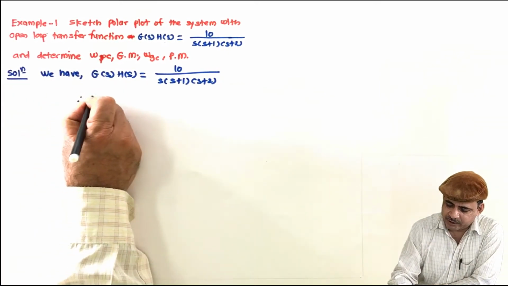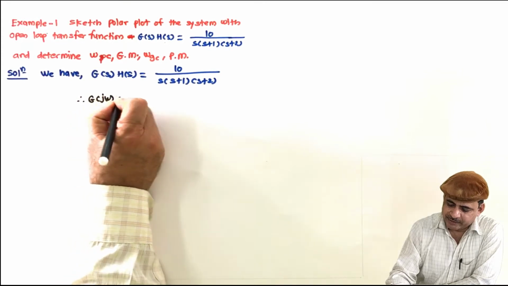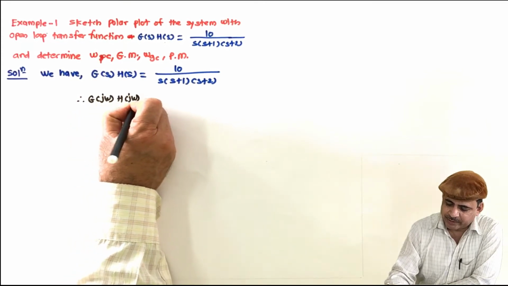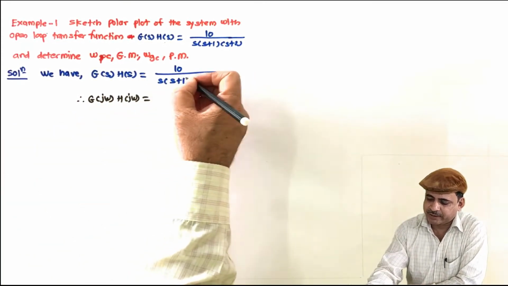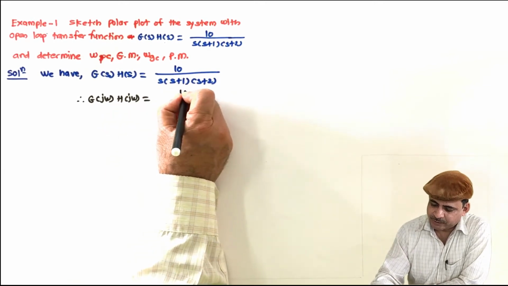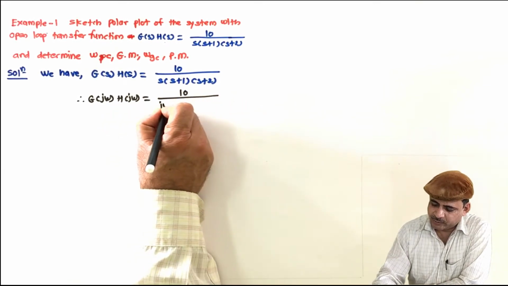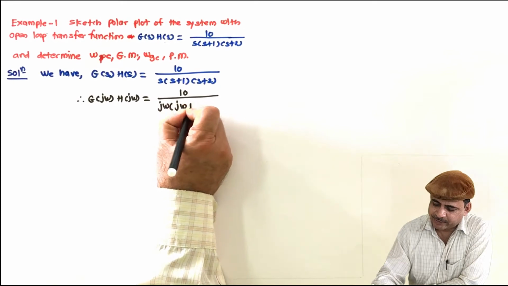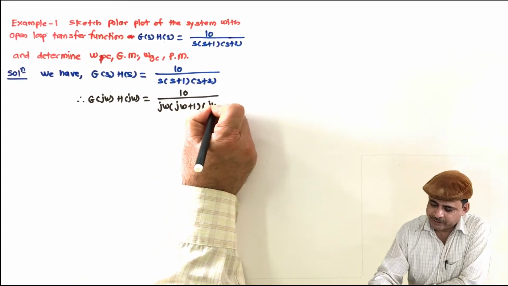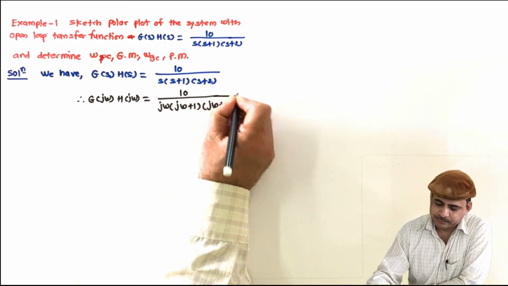So, its frequency response function will be G(j omega)H(j omega) and can be obtained by replacing every s with j omega. So, 10 upon j omega into (j omega plus 1) into (j omega plus 2).